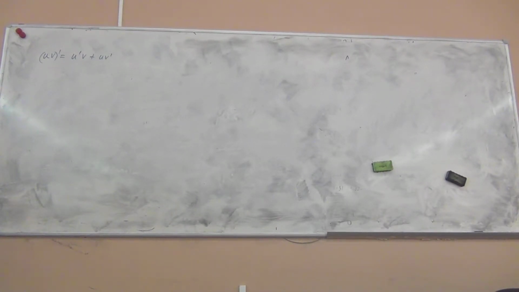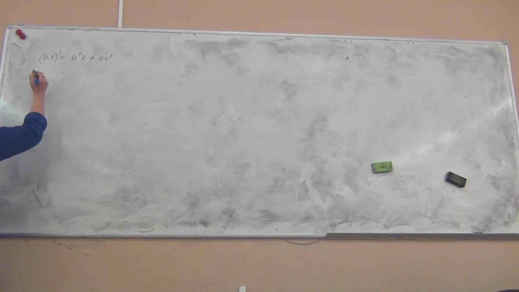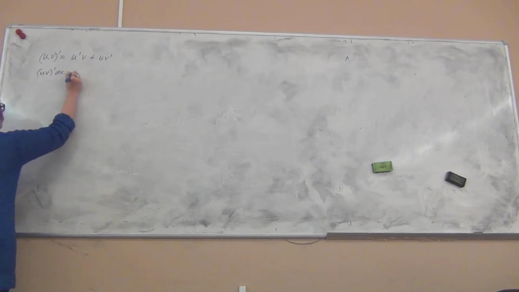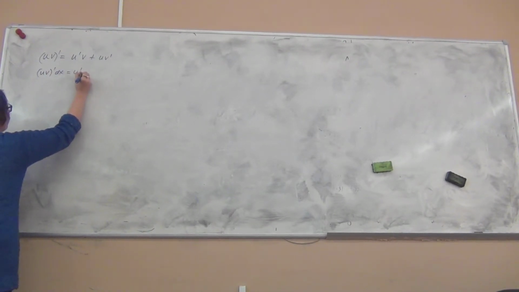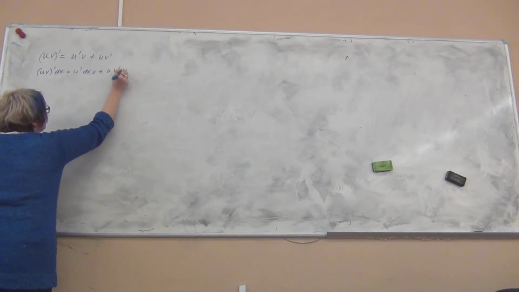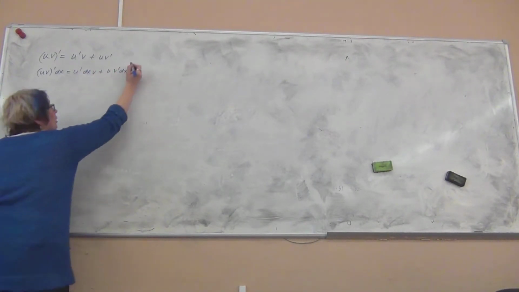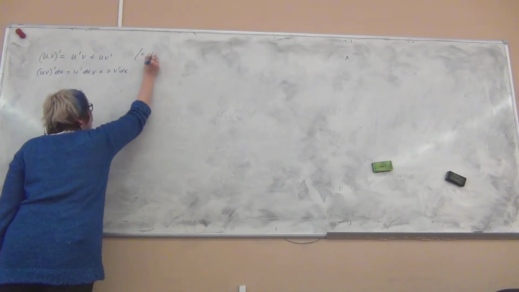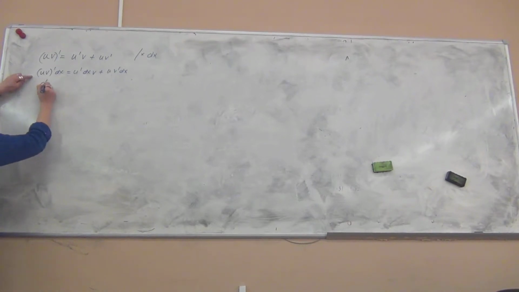If I multiply everything by dx, I can multiply by whatever I like. The derivative of uv dx equals the derivative of u dx times v plus u times the derivative of v dx. So what I did is multiply both sides by dx. Now this becomes d of uv.